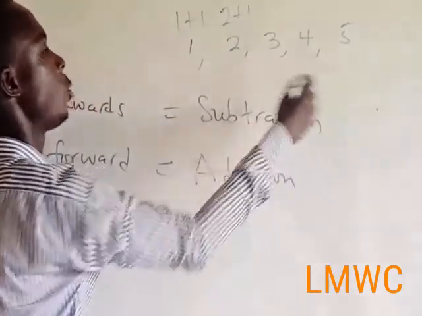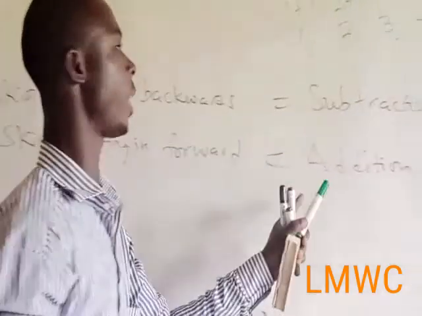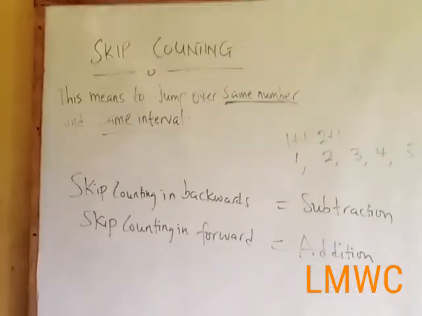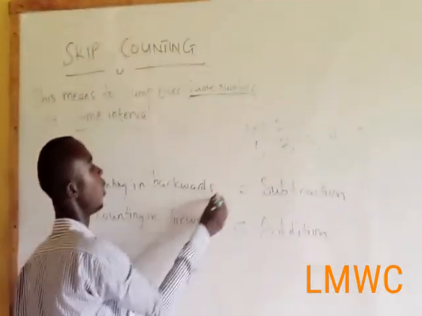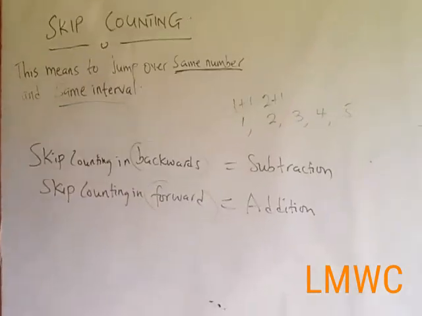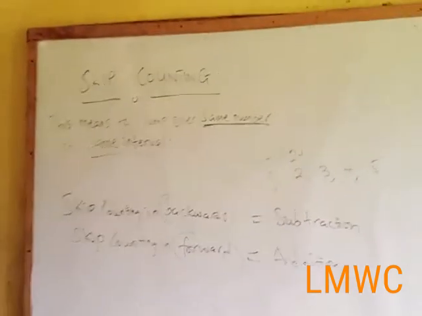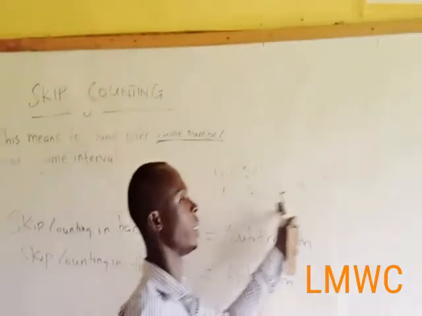So we will subtract using the same interval, and forward means addition. We are adding using the same interval. So take note of these words: backwards and what? Forward. Once you understand it, it's very simple.